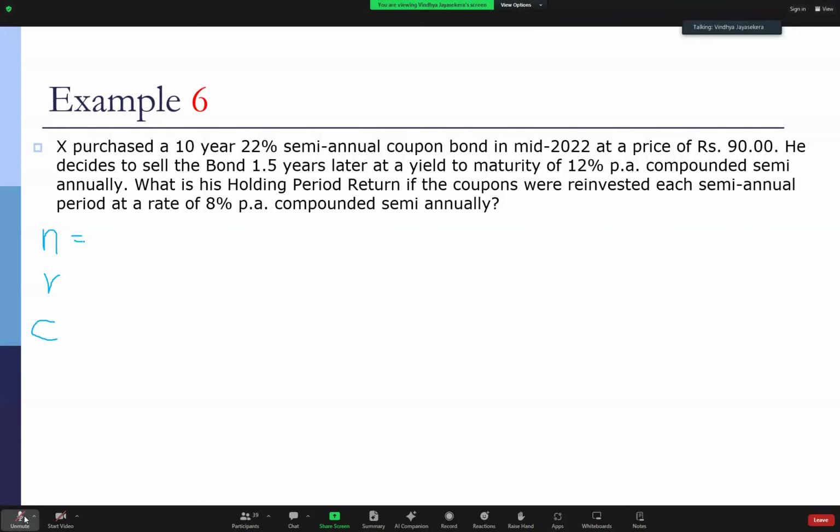What is the price of a bond? It's the present value of its future cash flows. We do not care that 3 periods have gone by. We're trying to find the price of the bond, which is the present value of its future cash flows. Right? So what is it?